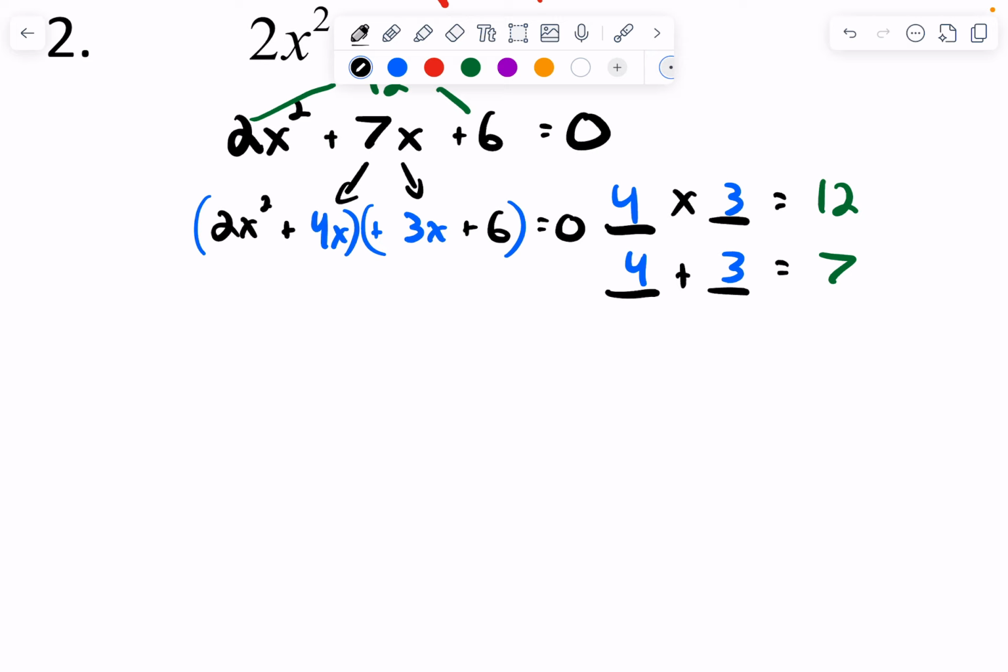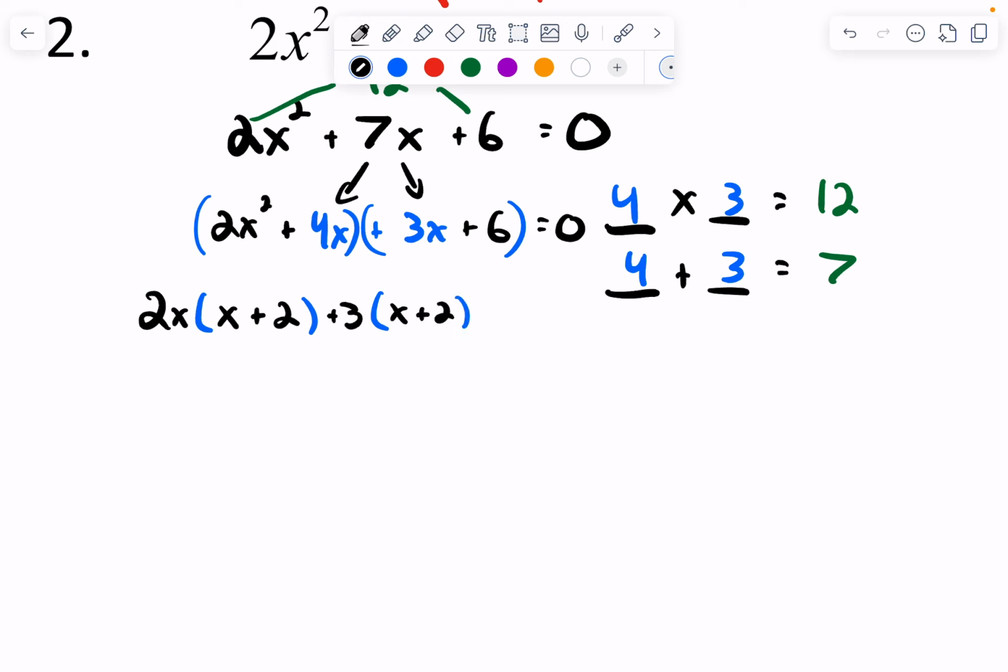Factor out from the first bracket your GCF. So if I look at 2x squared plus 4x, well, there my GCF is 2x, and that would leave me with x plus 2. And then out of the second one, I can pull out a positive 3, and that would leave me with also x plus 2.